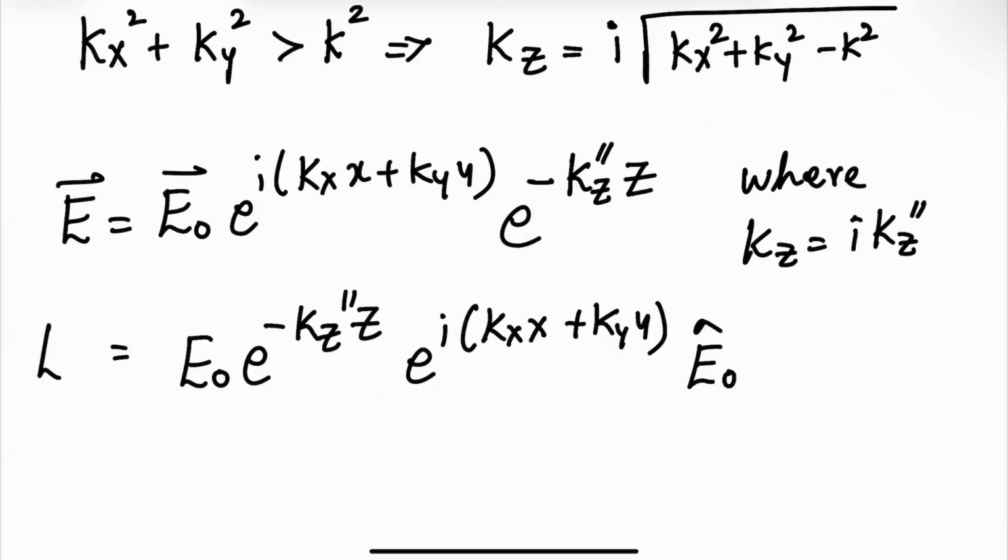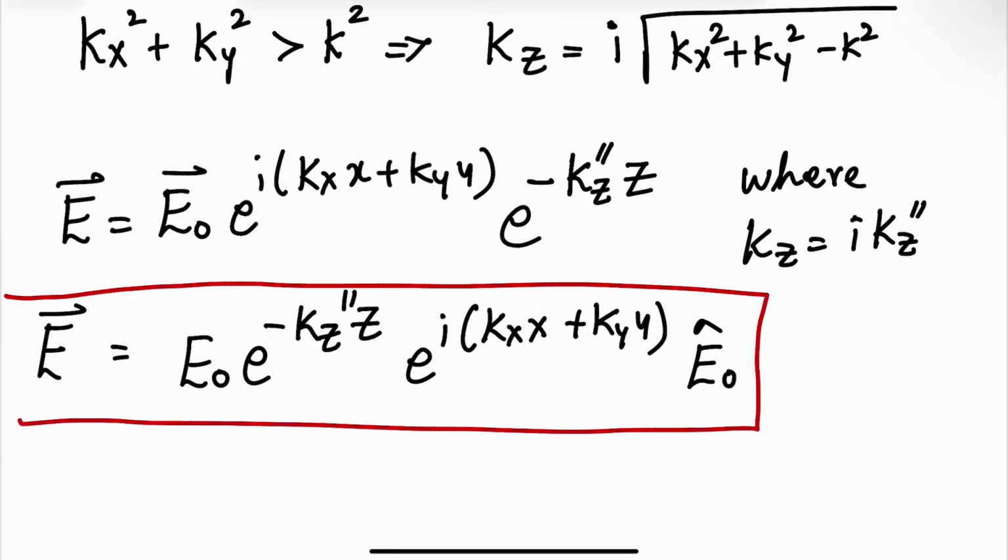So this is a valid solution to the wave equation, because in the derivation of the wave equation, we never said that kx, ky, kz need to be real. We left it ambiguous. Now we are considering the case where it's not real, where it can be imaginary.